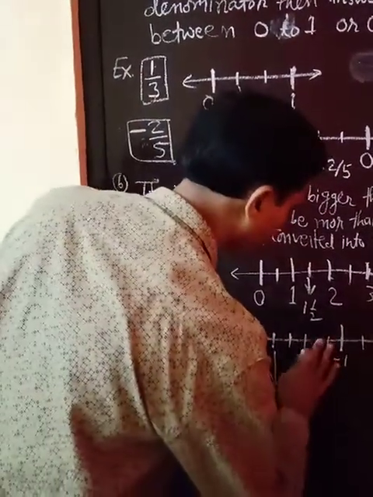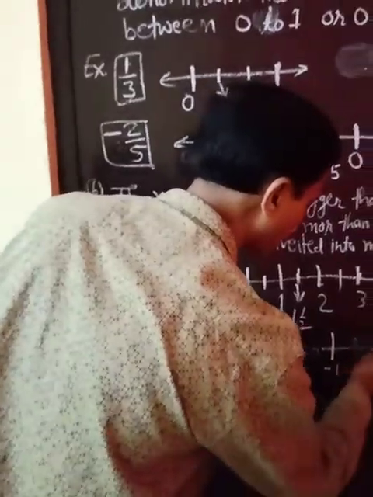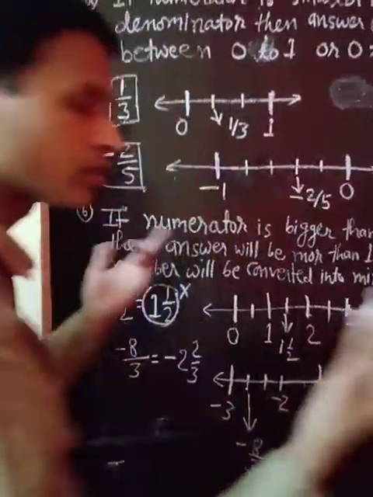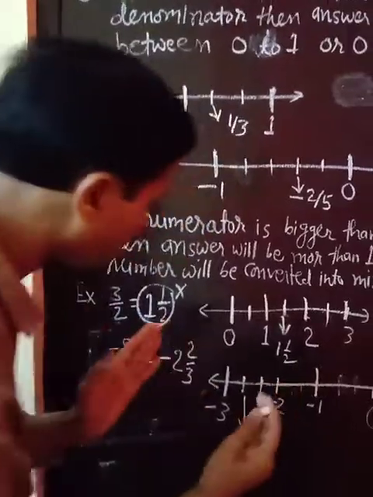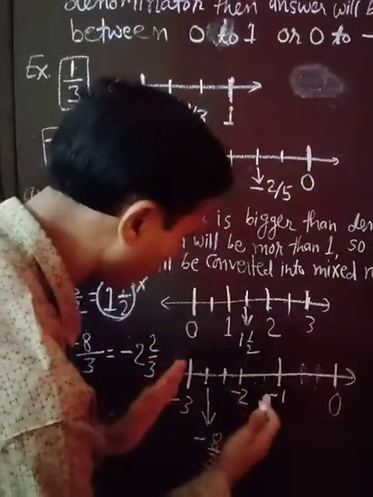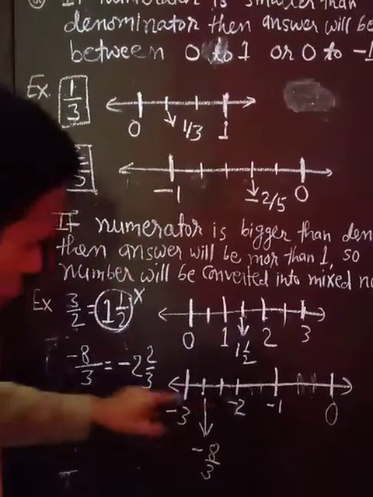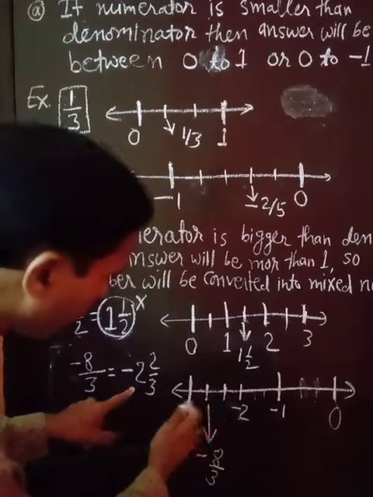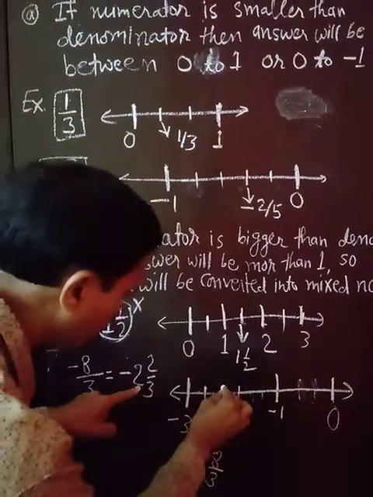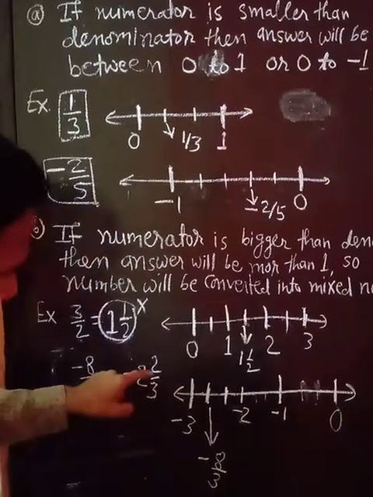This side no need to mark. This marking is not necessary in this method. That will also be correct, because our answer will be only between minus 2 and minus 3. So after minus 2 we will mark minus 3, and between those, 3 parts, so 2 dots we will make, and counting will be 2.